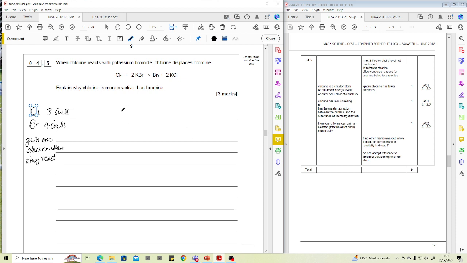Okay, so let's use that. So we're going to talk about how easy it is to gain an electron. So chlorine gains an electron more easily than bromine. There are fewer shells in chlorine.